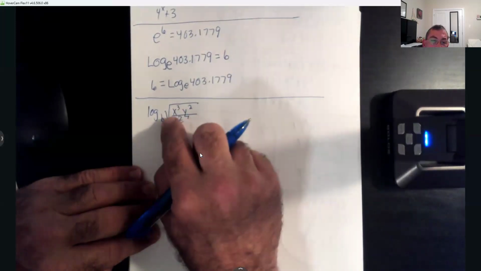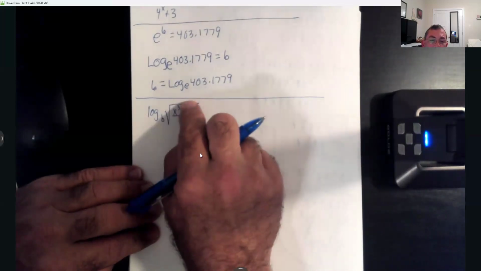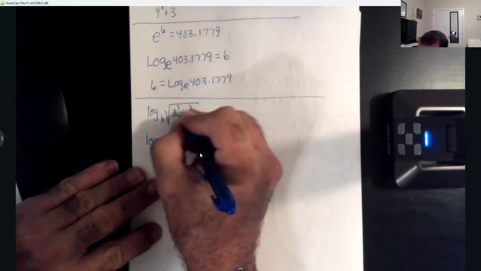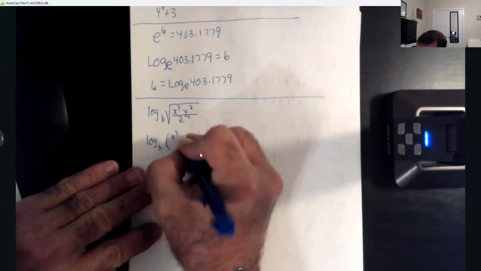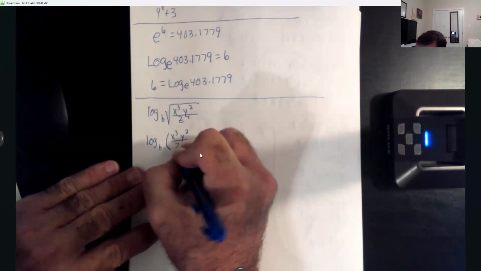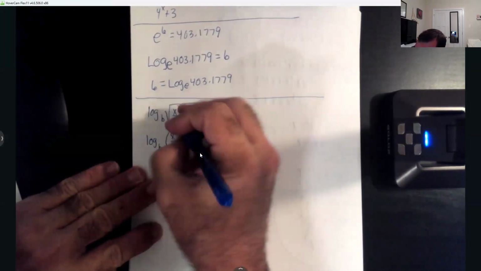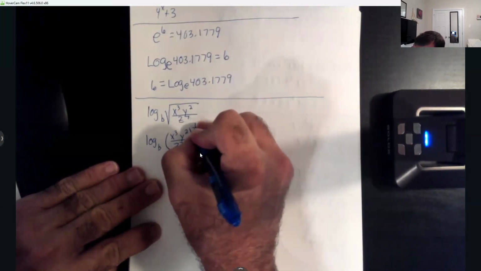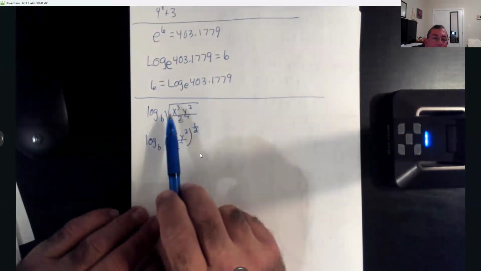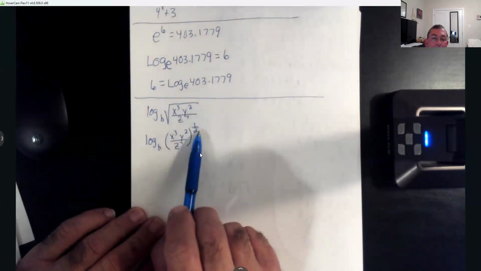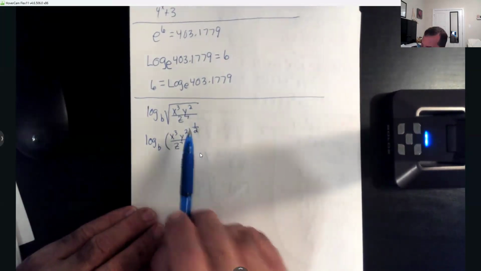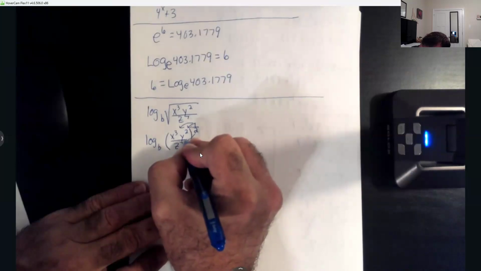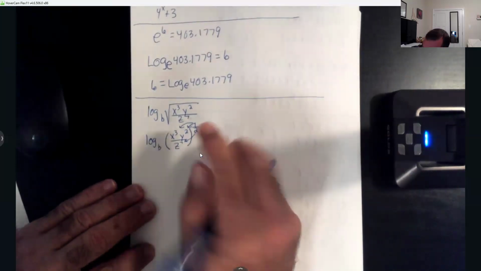All right, so y'all, the first thing you got to do is get rid of this square root radical. So what you do, you're going to put x cubed y squared over z to the 7th in parentheses. And to change this radical into a fraction, it becomes a 1/2. So remember, radicals can be written as fractional exponents. Now your next step is to multiply all the exponents inside the parentheses by 1/2.